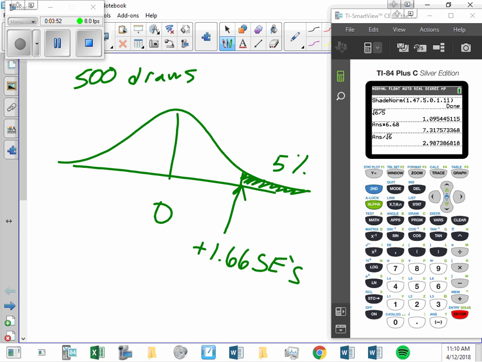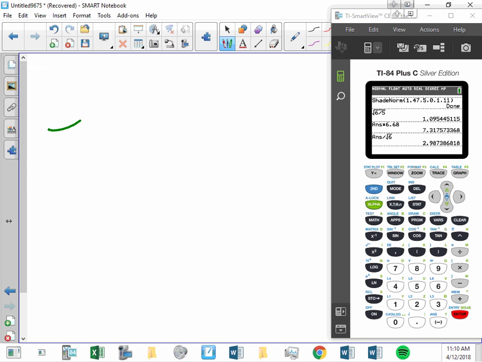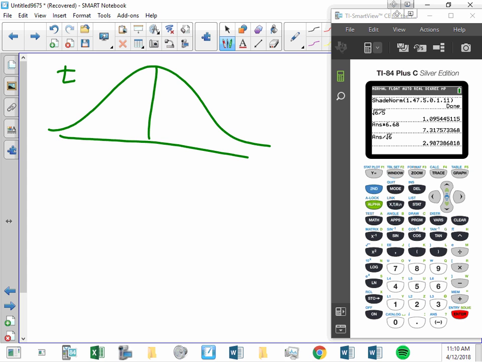So what does the T table tell me? Well, it says in this same picture, so this is a T table, 0, 5%. Where is this line? It depends on how many draws you have. Right. So it's just the number of draws minus 1.